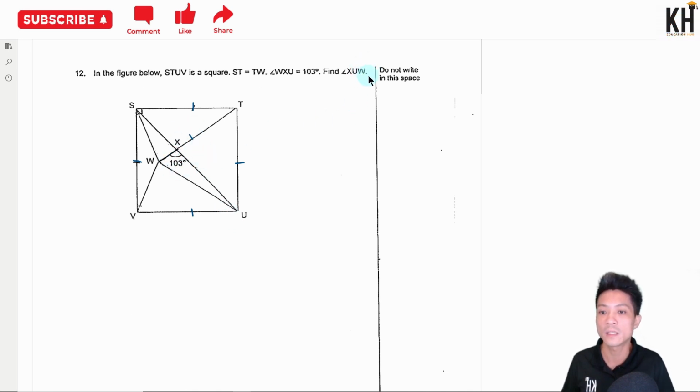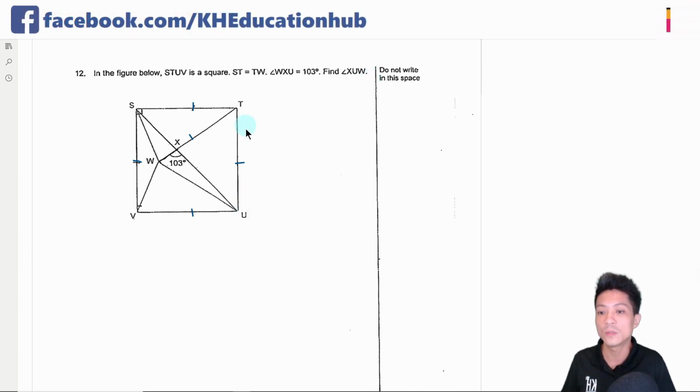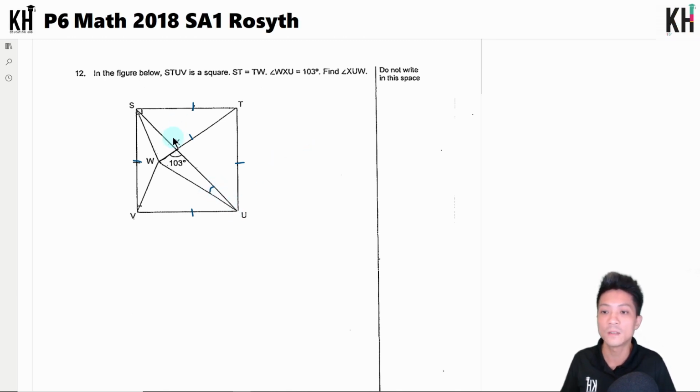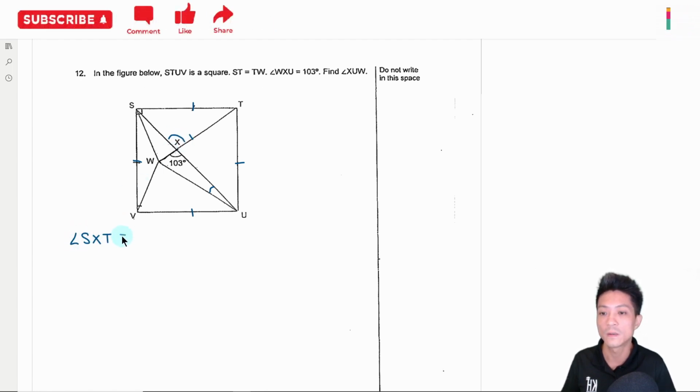Find angle XUW, which is this small one over here. The first angle I want to find is this over here, angle SXT, which is 103 degrees because of vertically opposite angles.